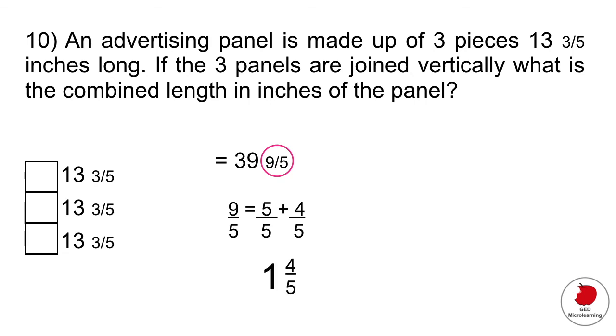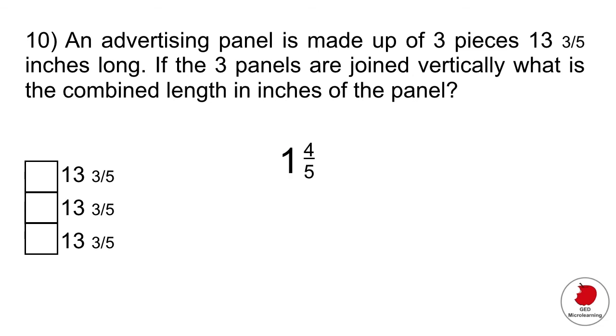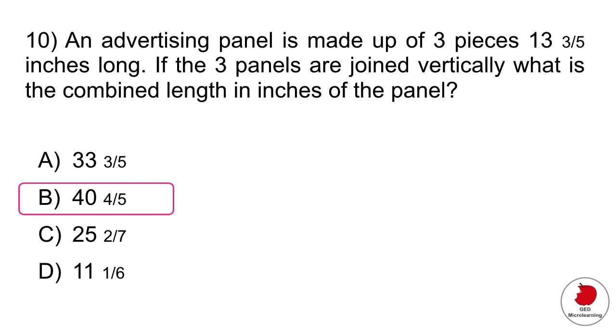So it's 4 over 5. Now you have that amount plus 39, which is going to equal 40 and 4 over 5, which is option B.